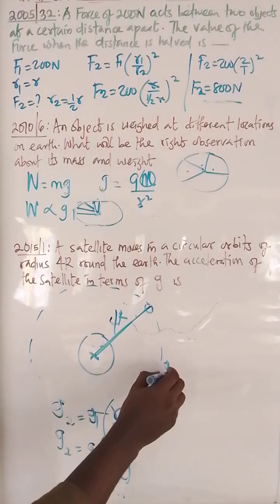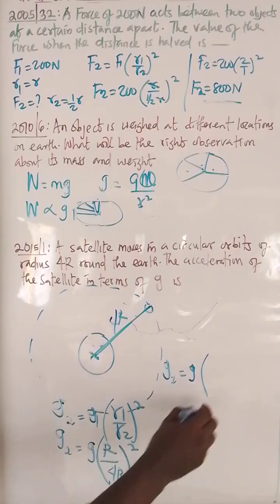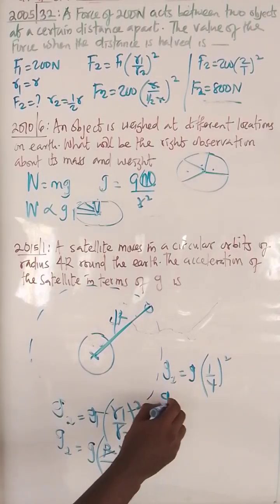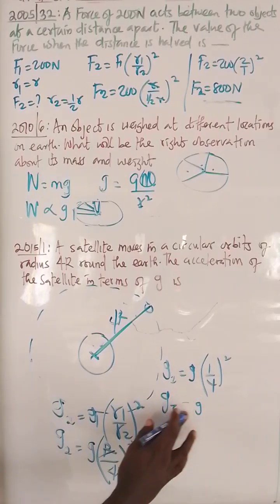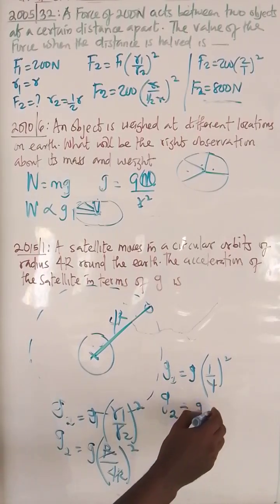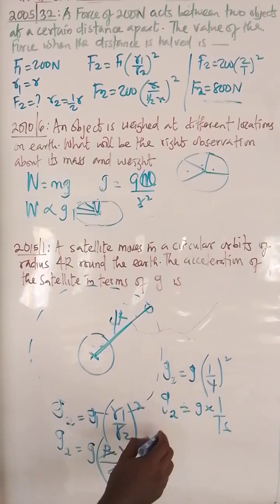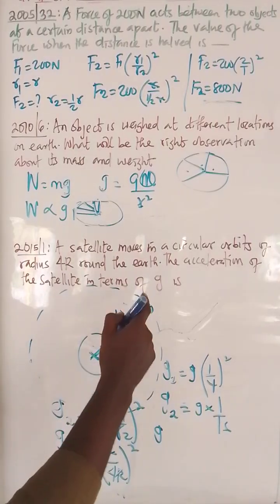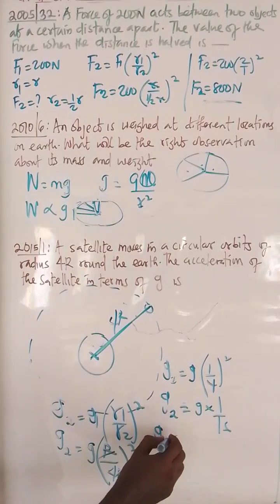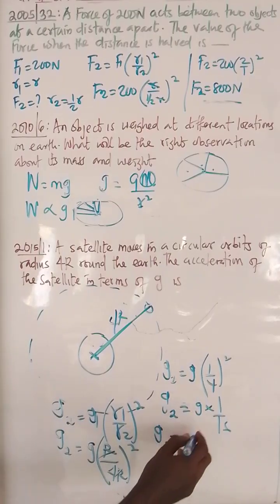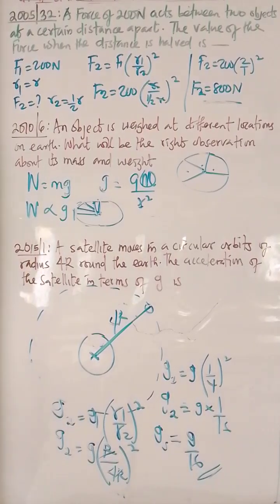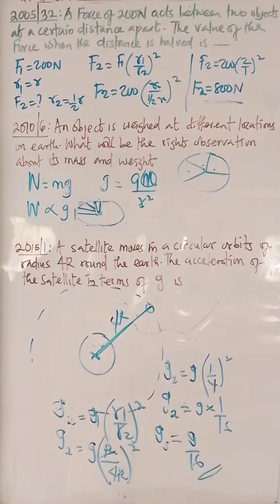From here, it means g2 equals g into 1 over 4, all squared. 1 squared, 1. Then 4 squared, 16. So it means g2, the acceleration due to gravity on that satellite, call it gs, equals g over 16. So it will be 1 over 16 of the acceleration due to gravity on Earth.